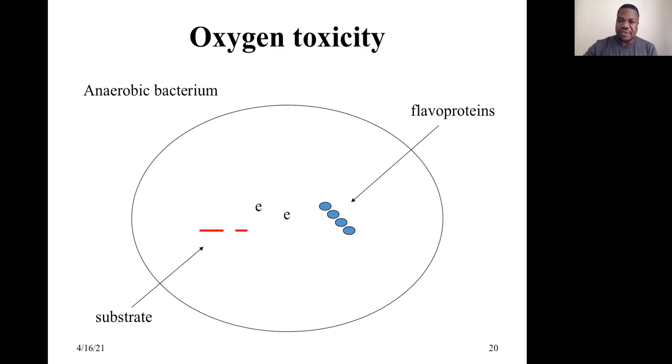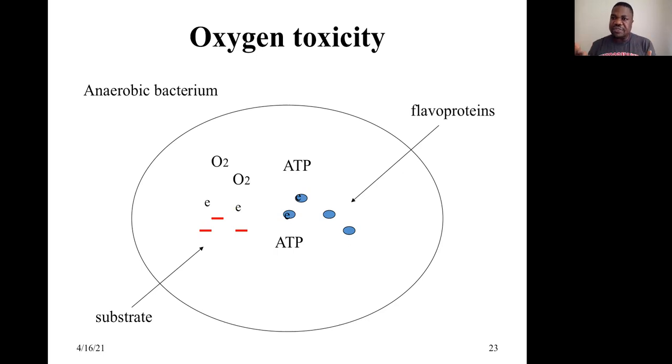So it usually uses flavoproteins as a last electron acceptor, so that 2 molecules of ATP are generated. But then what happens is that in the presence of oxygen, when you have an anaerobic bacterium, the affinity of flavoproteins for the electron is reduced.